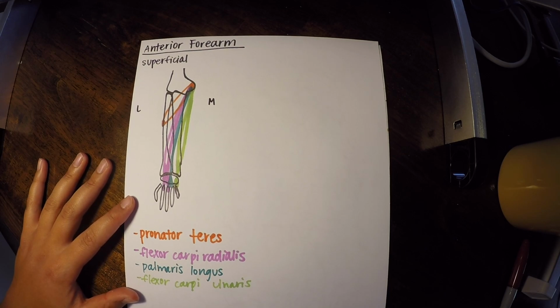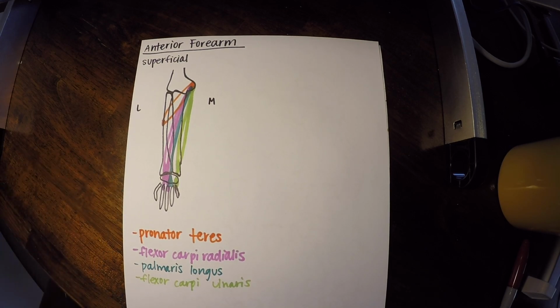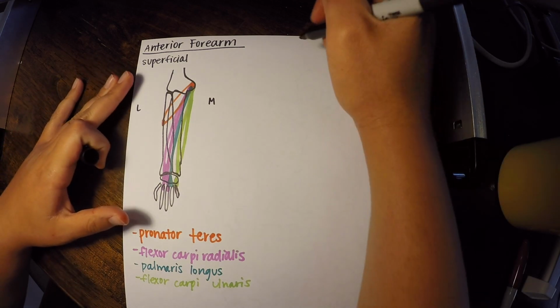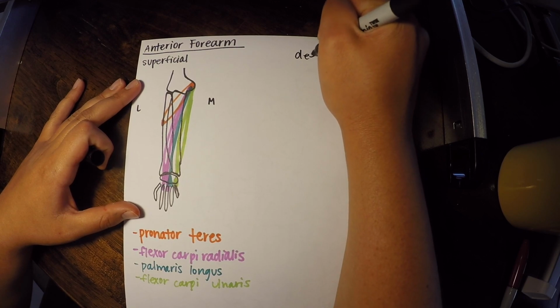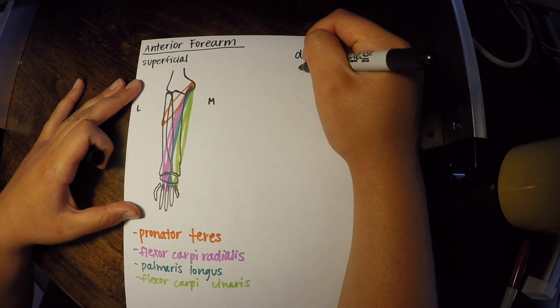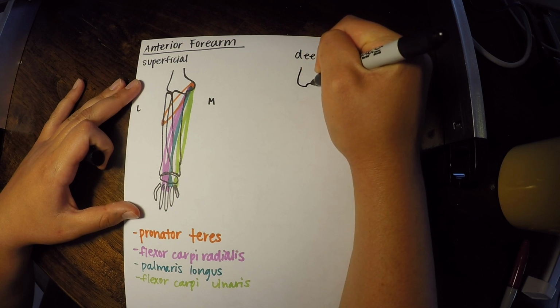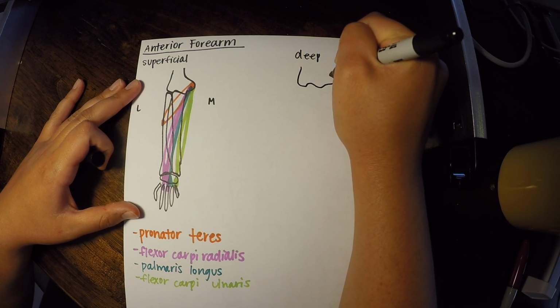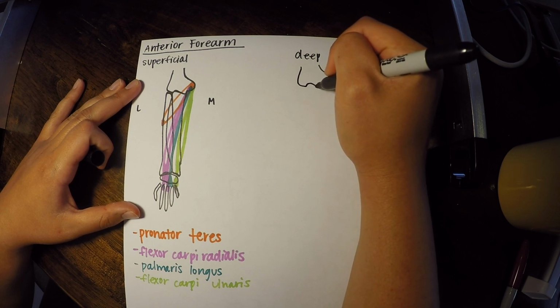Now, let's move to the deeper anterior forearm muscles, and that will wrap up our upper extremity. So this is our deep view. We're going to essentially draw the exact same thing. Or try to, at least.